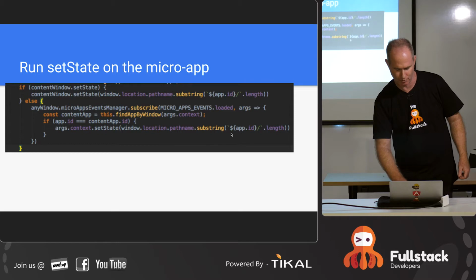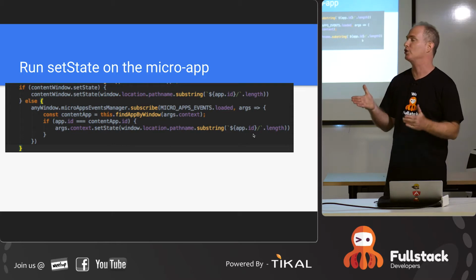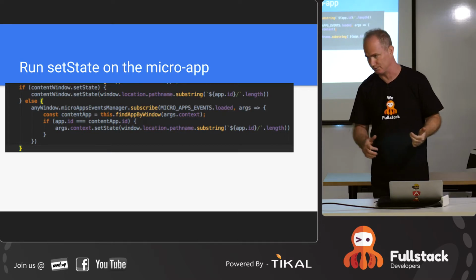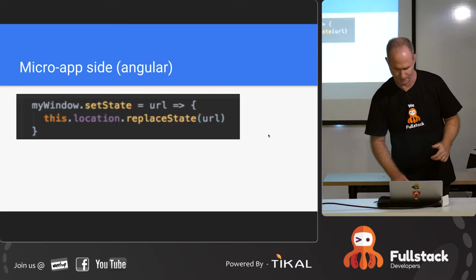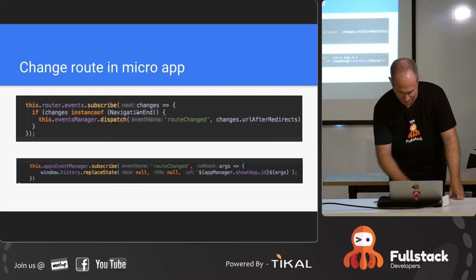One more thing that is important for you to look at is that I need to send the URL and cut the prefix of the actual application URL, which is what I'm doing in here. This is right.